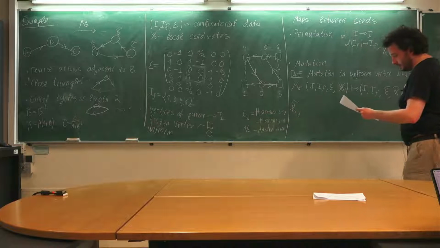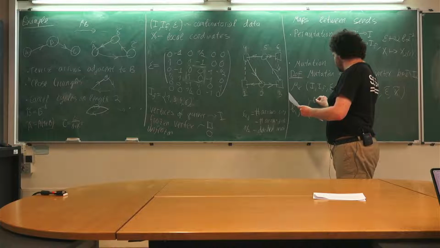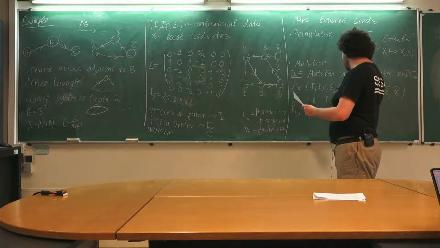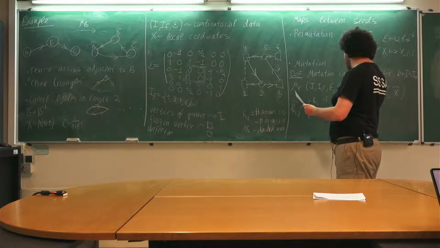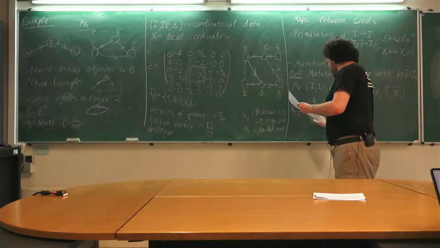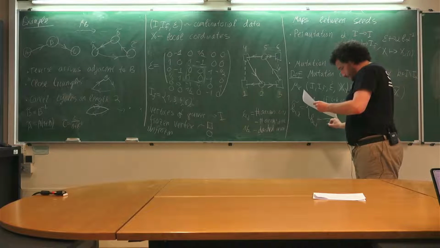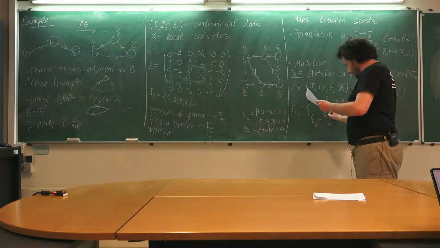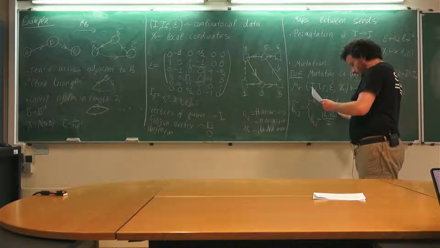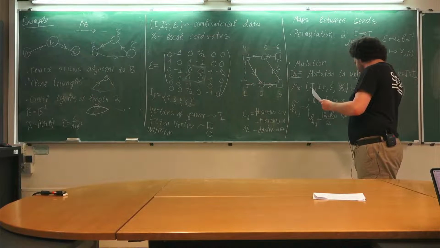So B tilde is equal to minus Bij if i equals k or j equals k, and otherwise is equal to Bij plus or minus the absolute value of Bik Bkj minus Bjk, absolute value Bki.